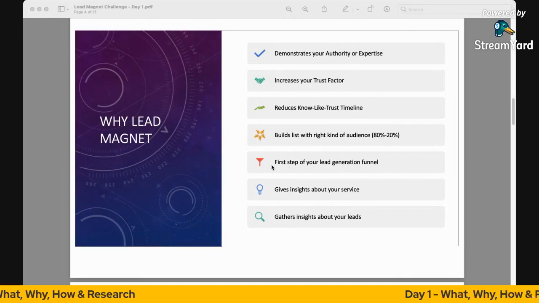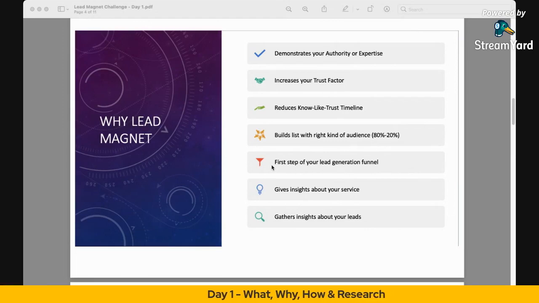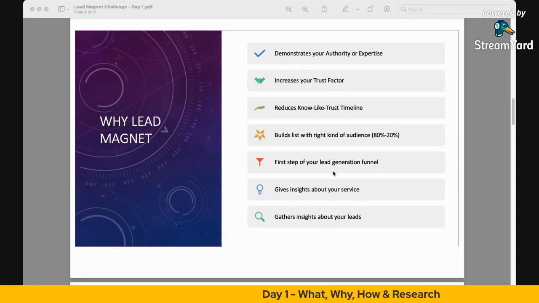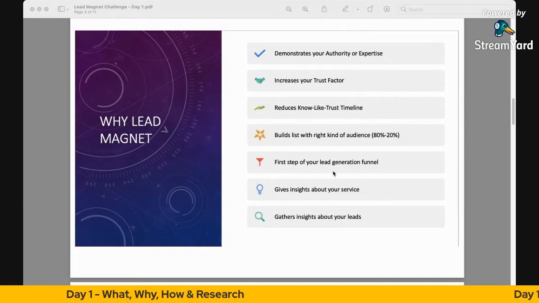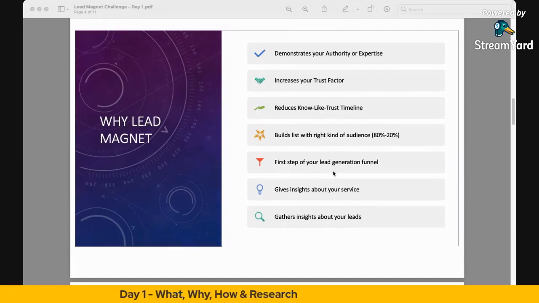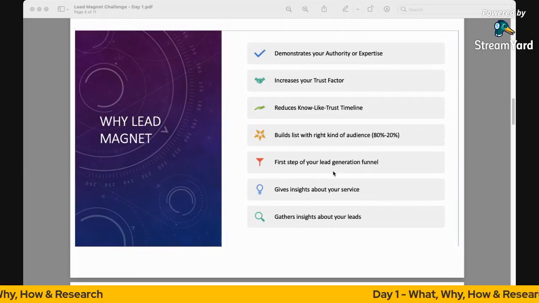So the lead magnet, or whatever you're capturing, that lead capture is the first step for your lead generation funnel. It not only gives you insight about the customer. For example, if one customer becomes a client, and that client is repeatedly buying a product less than £10, or $10 for that matter, you know that person only stretches to $10.